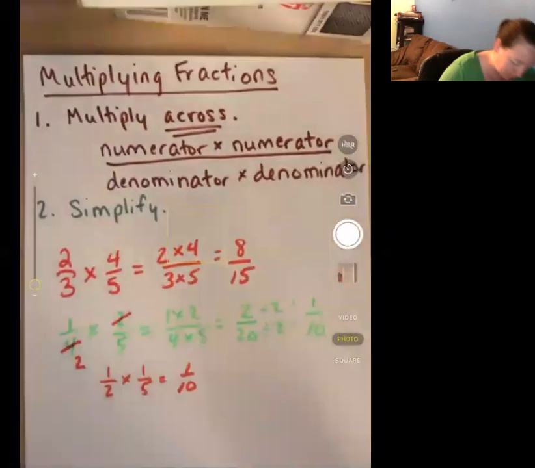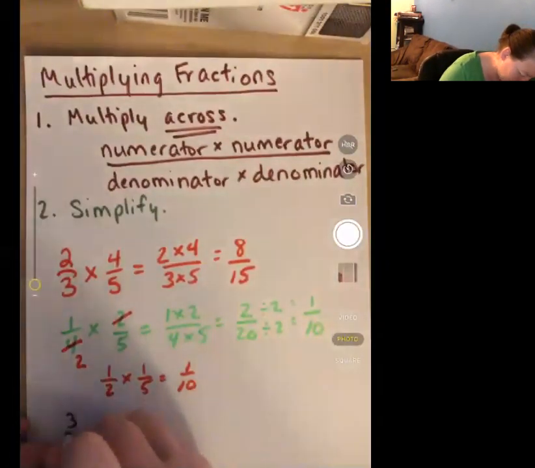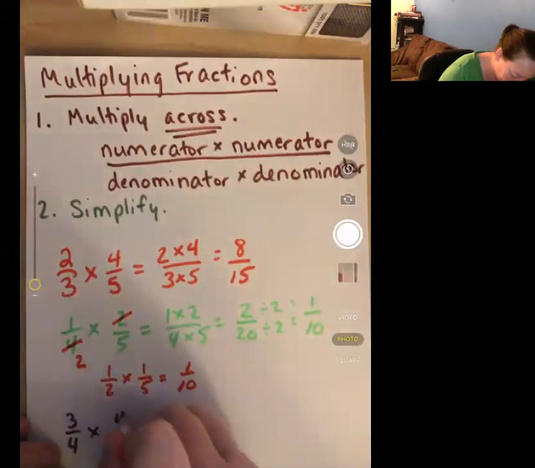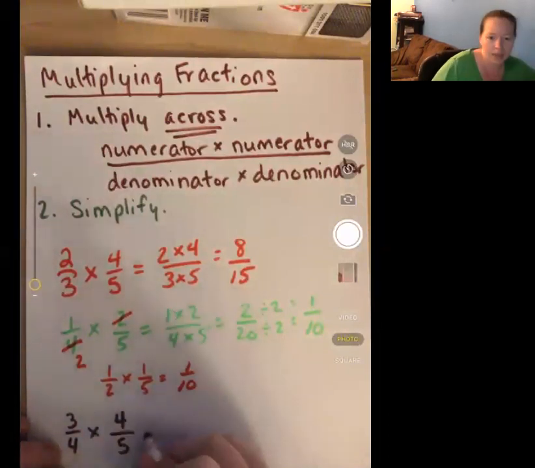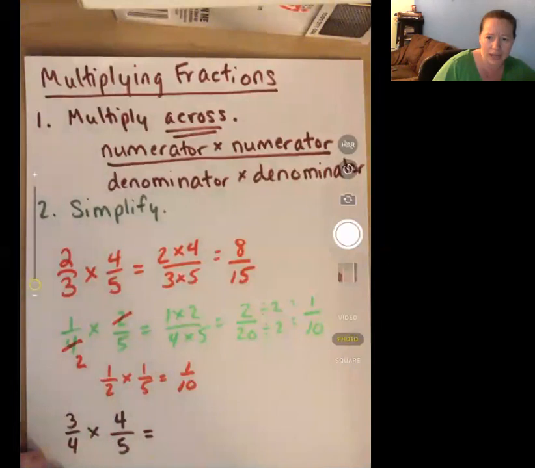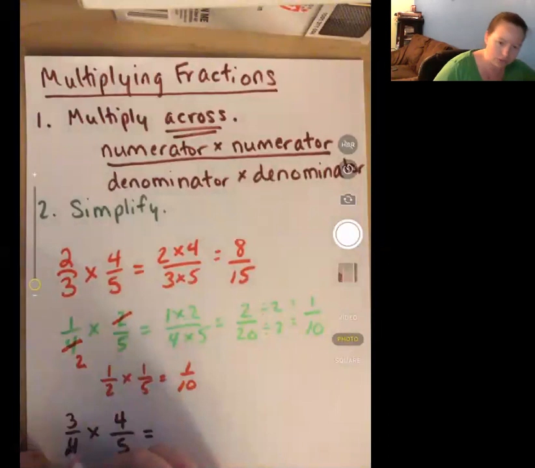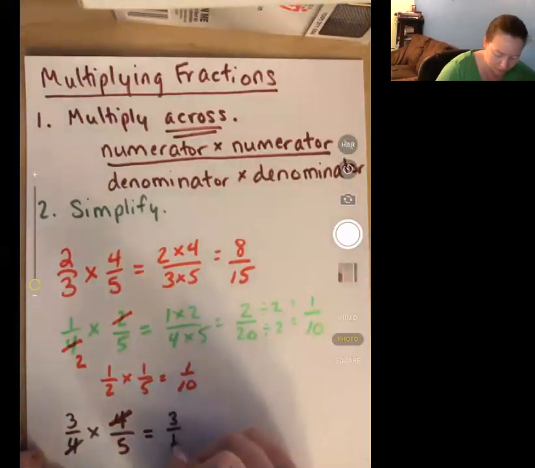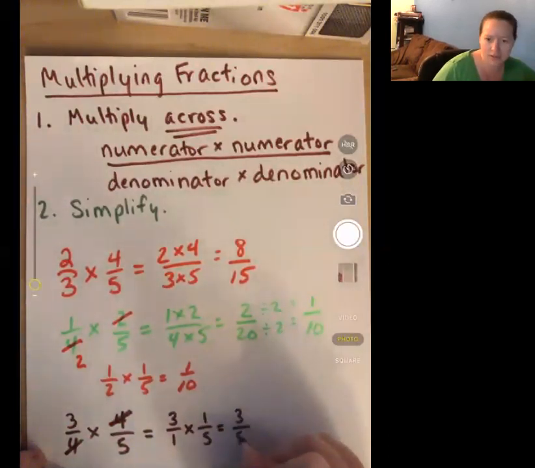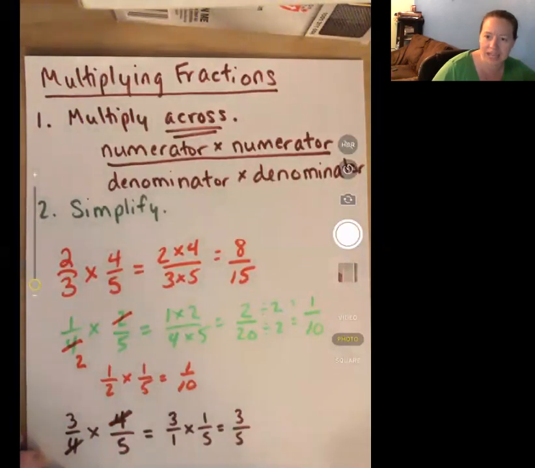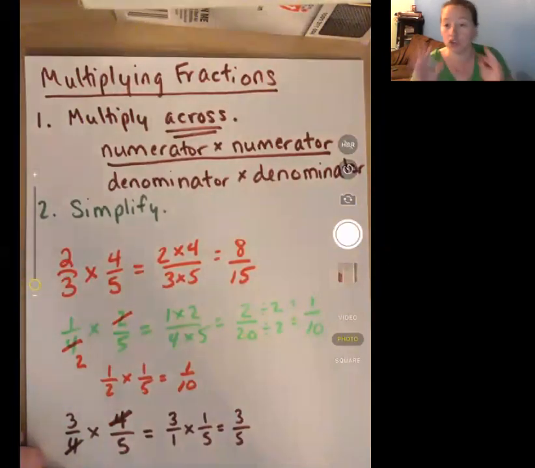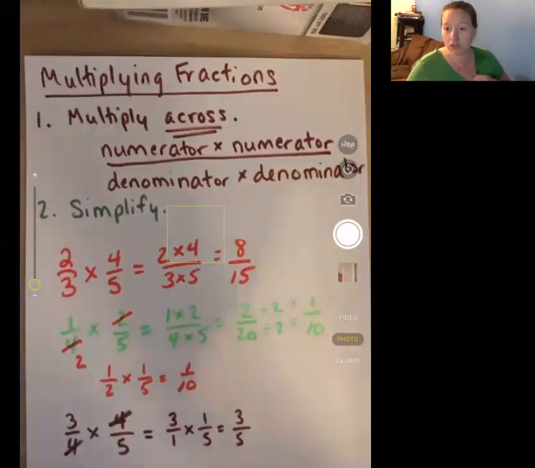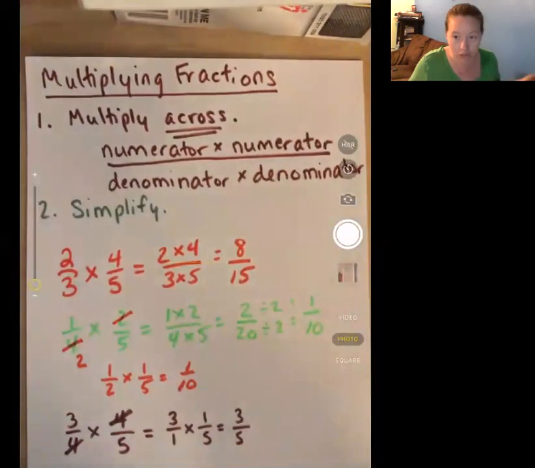If I ended up with something like 3/4 times 4/5, and I look at it and I go, oh my word, I have a 4 on both the top and the bottom, I'm crossing out those 4s. So I end up with 3/1 times 1/5, 3/5, period. Just like that. You can totally do that if you see it. If you don't see it, you'll just end up dividing out the 4 later on.